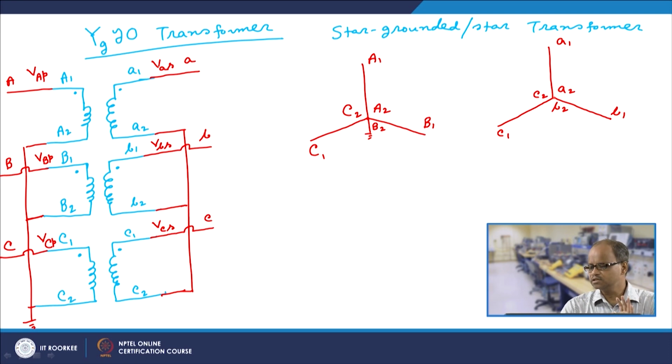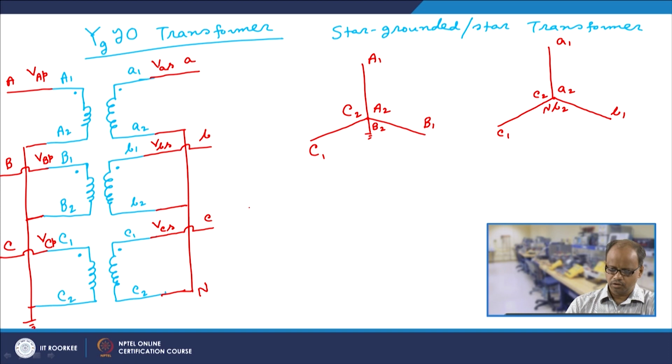If I say that this point is neutral, then it is VA1 minus Vn. Similarly, the voltage across this is VB1 minus Vn, and the voltage across this winding is Vc1 minus Vn. But we do not know what capital N is. So, we really cannot write that IA is equal to (VCP minus VCS) by Z, and so on.